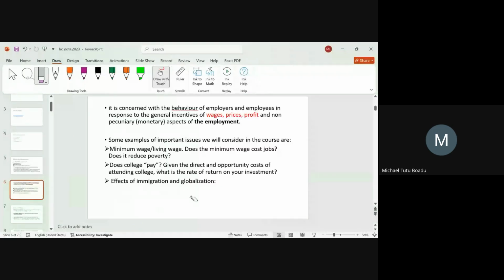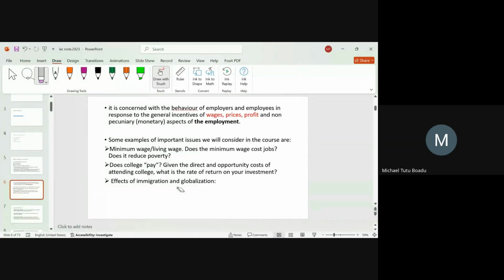We know that immigration and globalization is also affecting employment. That is why you see our people at Abosokai fighting the Nigerians.